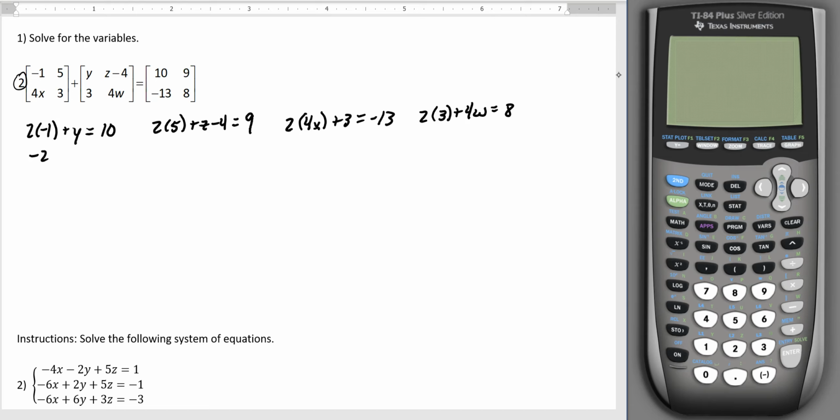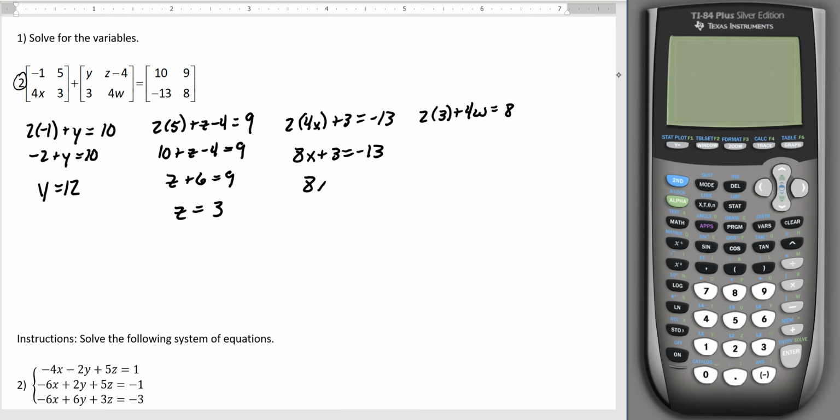So this is negative 2 plus Y equals 10. So that means Y equals 12. 10 plus Z minus 4 is 9, which means that 10 minus 4 is 6, plus Z equals 9. So subtract the 6, which means that Z equals 3. We would have 8x when we add this here is negative 13.